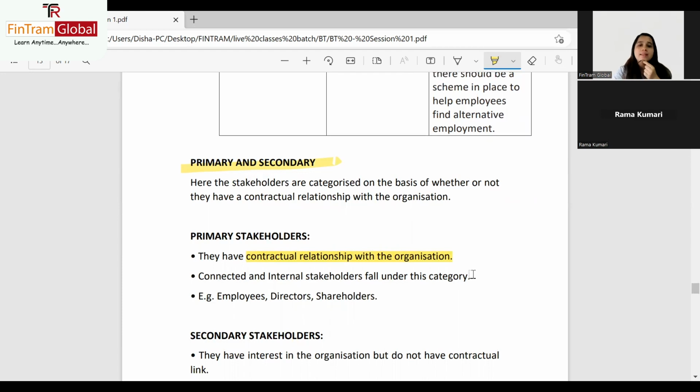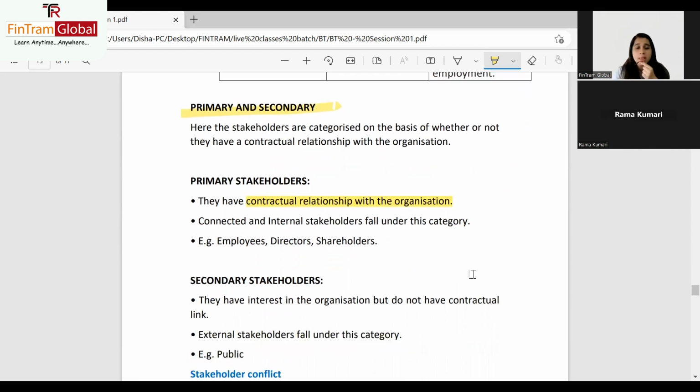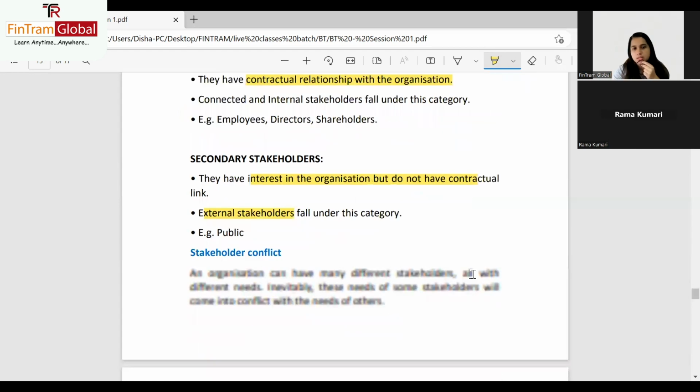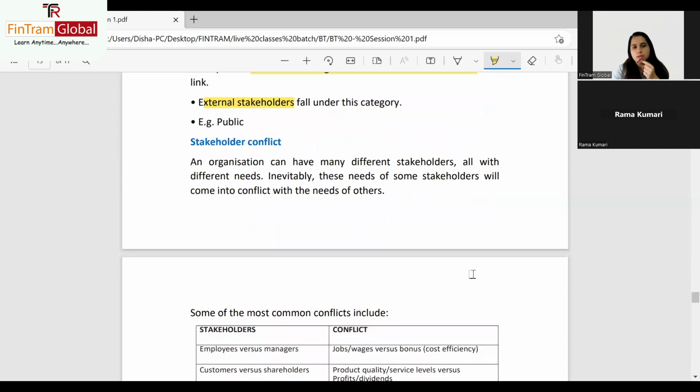But like we saw, external stakeholders do not really have any direct link or any contractual link with your organization. So that's where external stakeholders are your secondary stakeholders, like the general public or the government.